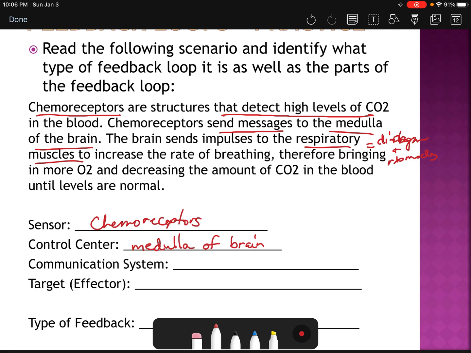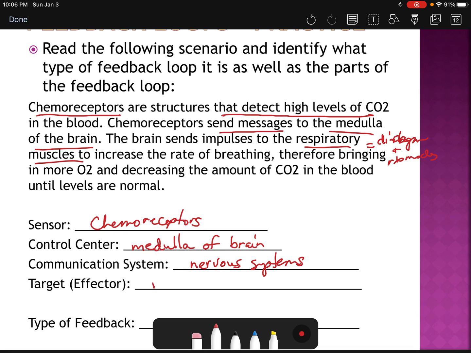So in this case, they're not telling you what the communication system is, but we know if there's some sort of movement of any muscles in the body, it has to be the nervous system that is causing that, because the nervous system sends electrical impulses that cause contraction of your muscles, whether that be your arm muscles, leg muscles, in this case your rib cage and diaphragm. So what is the target or the effector?